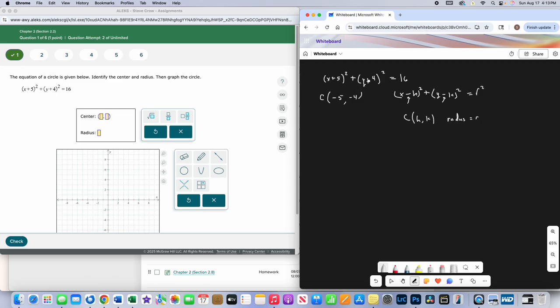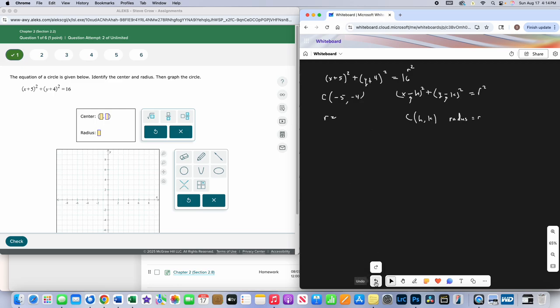And for your k, a +4 means it's going to be -4. So there's your center, and then your radius is equal to the square root of this number. Remember, this number here is r squared, so r is going to be 4 in this case.